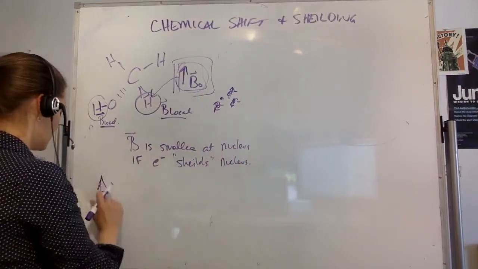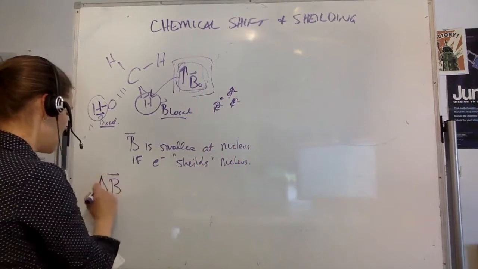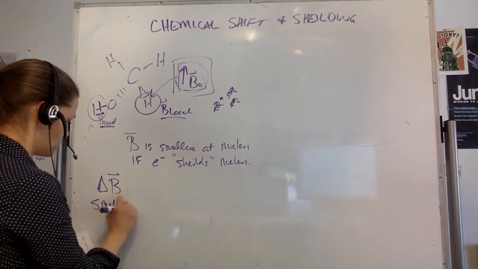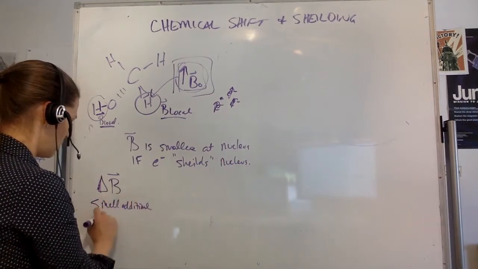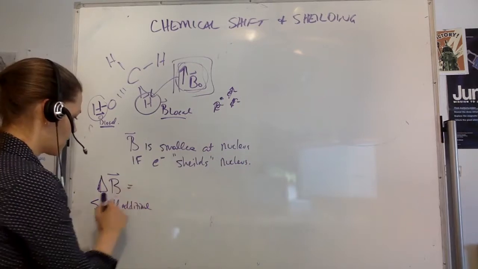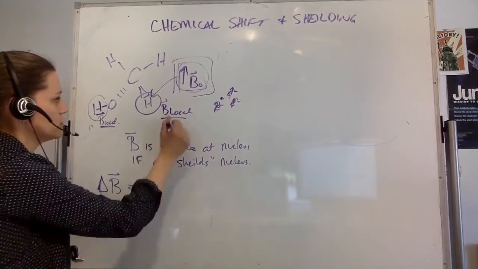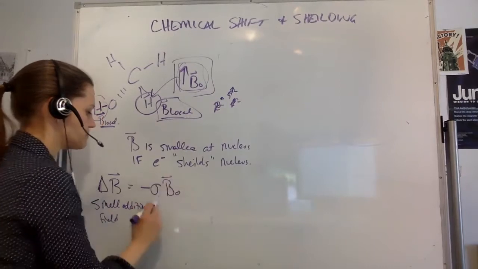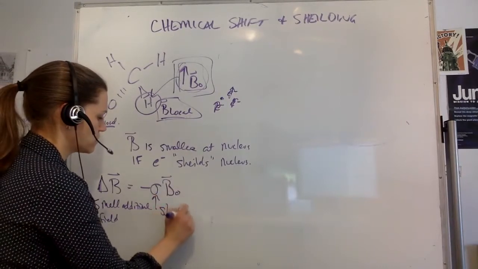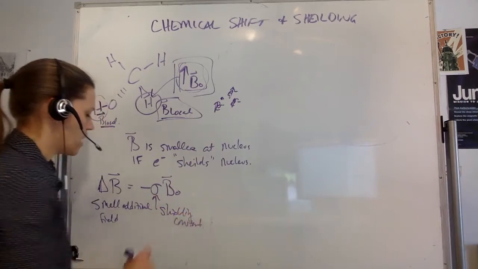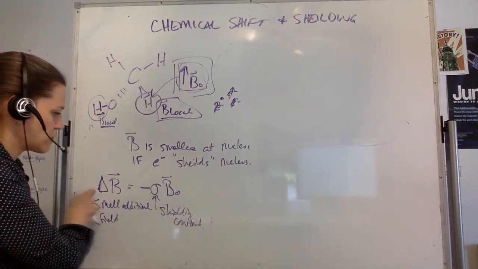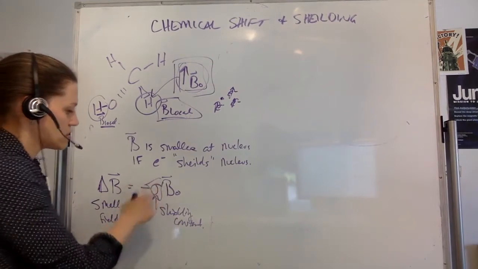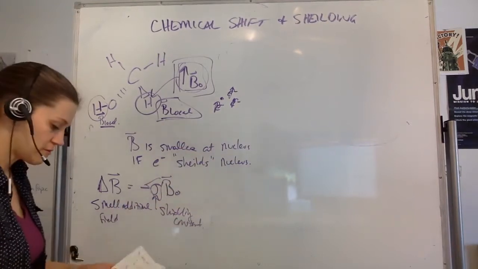So that is going to be our delta B, the small additional field that's going to be added to what's happening at B local, and that's going to be minus sigma times B0, where sigma is called the shielding constant. So the small additional field is equal to minus the shielding constant times B0. This is what we're going to focus on and relate to the chemical shift.